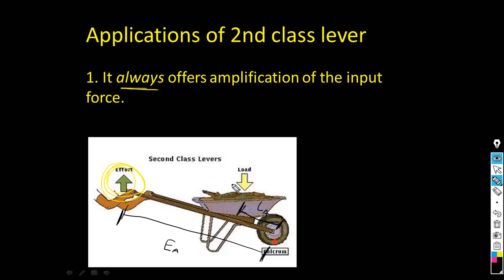Can you see that? If you place the load up until this point, they would be equal. But that's the extreme case. In most cases, the load will be in between the fulcrum and the effort, and so the effort arm will always be greater than the load arm. And that guarantees to you that you will always have an amplification of the input force.